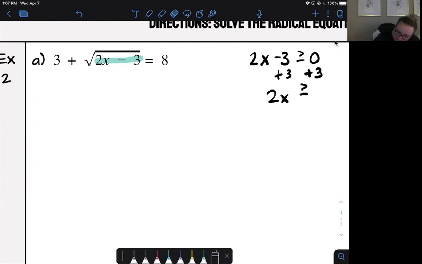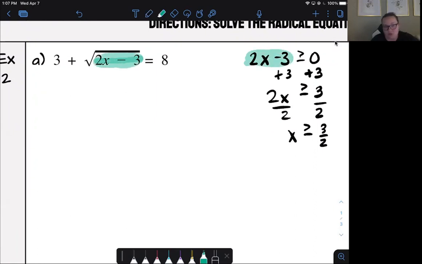Just kidding, 0 plus 3 is 3. Divide by 2. So our x values have to be greater than or equal to 3 halves. And again, that 2x minus 3 is just that piece under that radical. Whatever our solutions are, they have to be greater than or equal to 3 halves in order to work for this radical. Anything less than that will give us a negative under the radical.